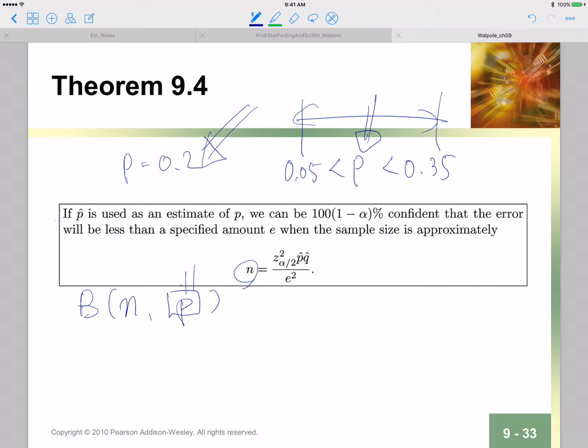This p is our unknown parameter that we want to estimate, but you can still change this n, right? Given a particular range that your boss gave, say the interval is plus 0.1 and minus 0.1, depending on that, you have to choose the number of samples.